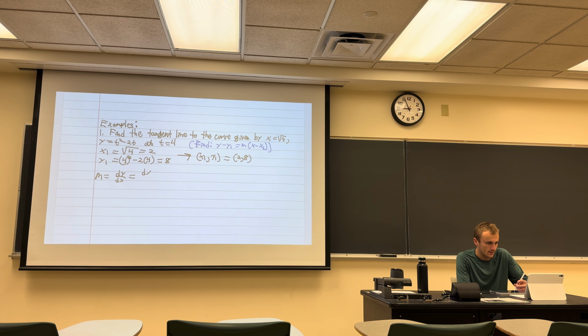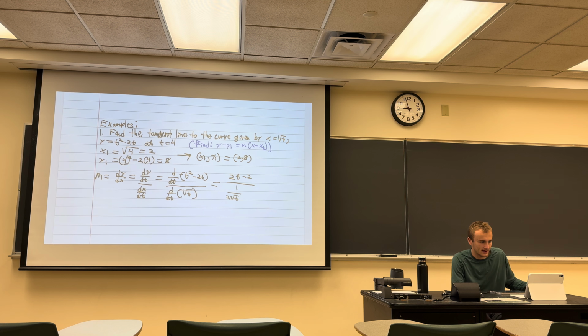So just two separate derivatives. This is not the quotient rule. Think of it like L'Hopital's rule: you're taking the derivative of the numerator and the denominator separately, keeping them in fraction form. That results in 2t minus 2 divided by 1 over 2 square root of t. So this is just going to equal 2 square root of t times 2t minus 2. And that's our m value.